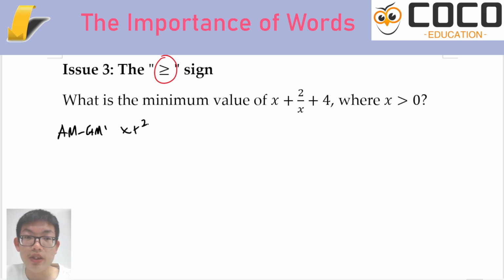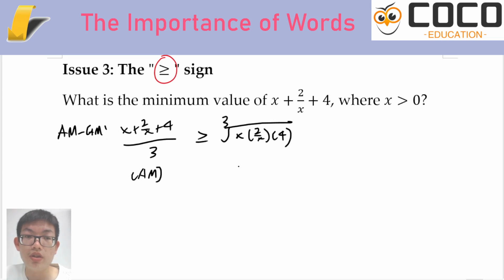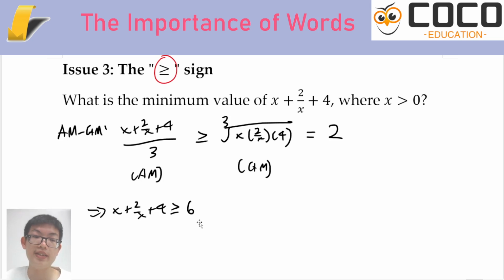You will say that, oh, this means that the arithmetic mean is greater than or equal to the geometric mean. The geometric mean here is 2, and so therefore you will conclude that x plus 2 over x plus 4 is greater than or equal to 6.